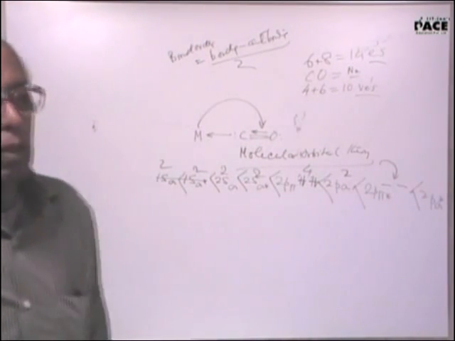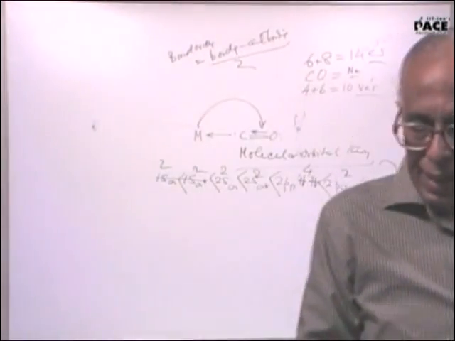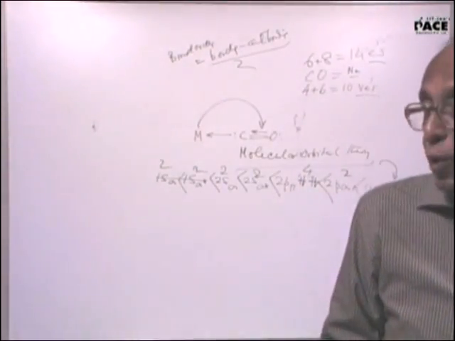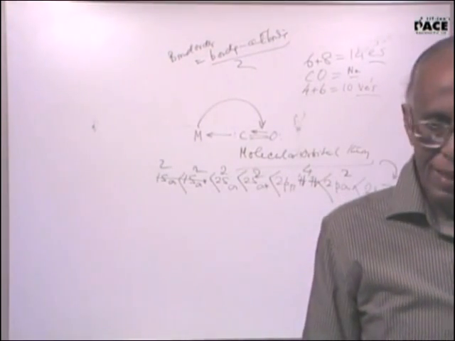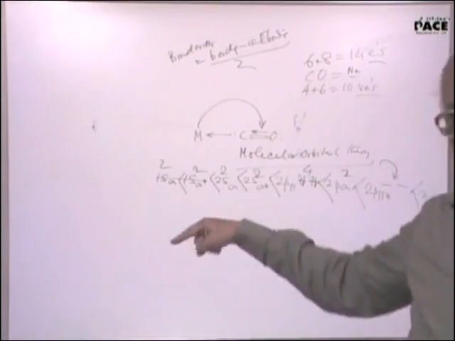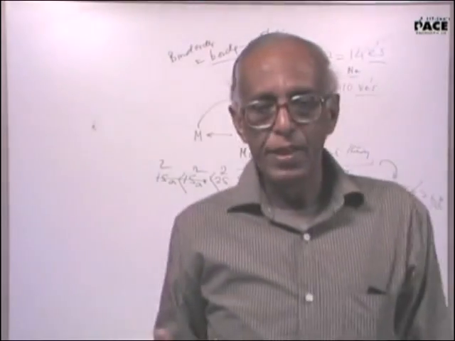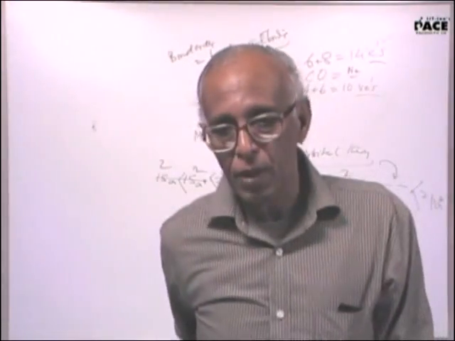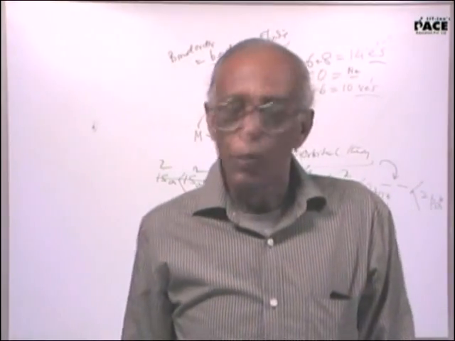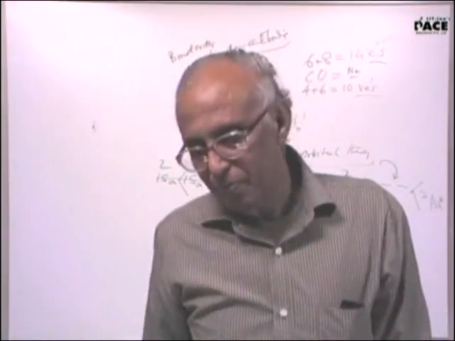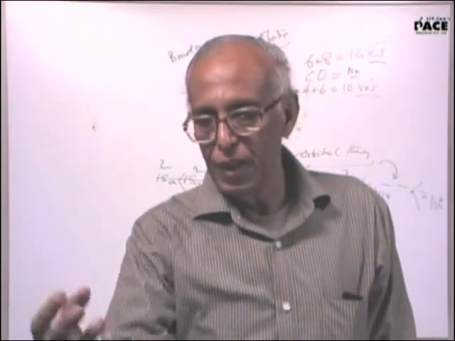Now the role of the metal is a donor. At first it accepted the electron, so it was an acceptor. Then it donates electron to carbon monoxide, so its role is as a donor. When will the metal be a better donor of electrons?